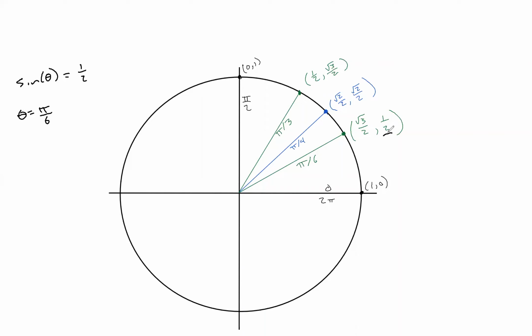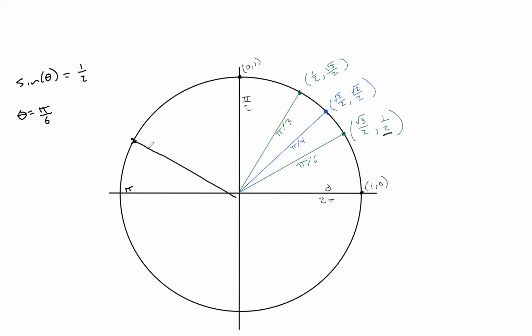But then if I'm looking at my y value of 1/2, if I go straight across over here, that y value is also 1/2. All right, so I need to think about what angle that is. That is pi over 6 away from pi radians.